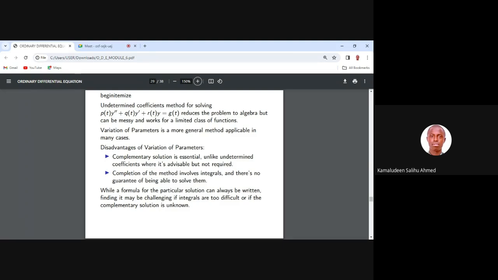So now we want to look into variation of parameters. What is this talking about? How are we going to approach it? We should also put our mind at rest. It will not be so hard, but these topics are prerequisites to each other.